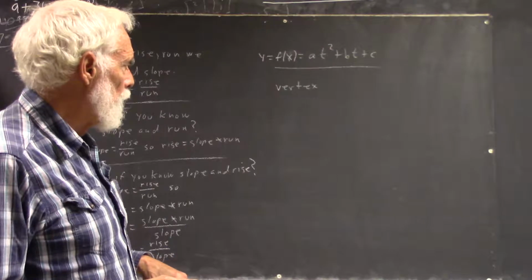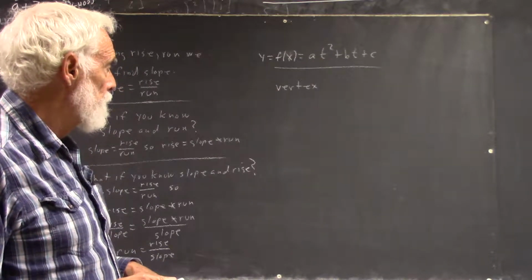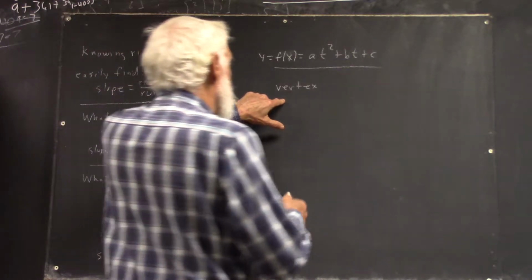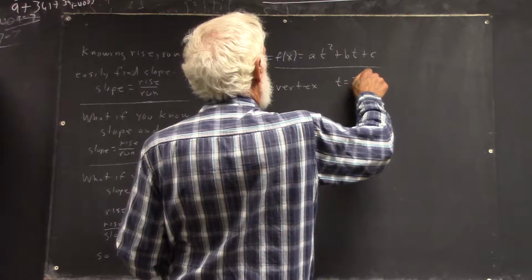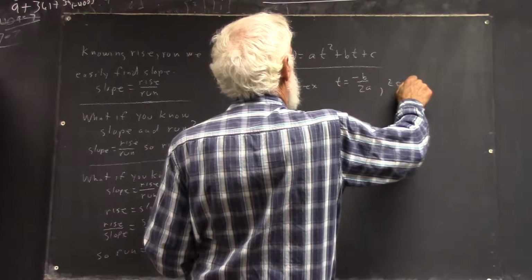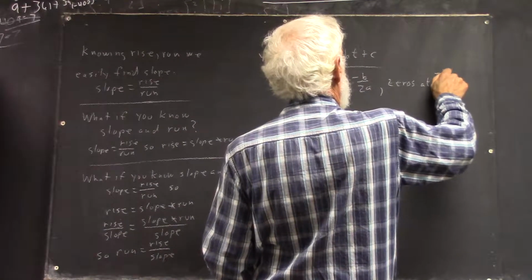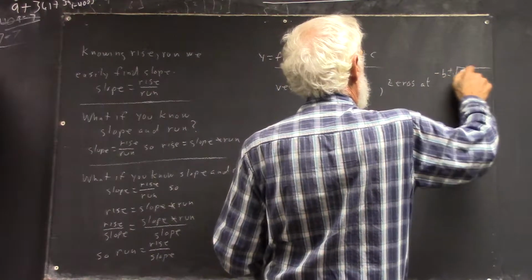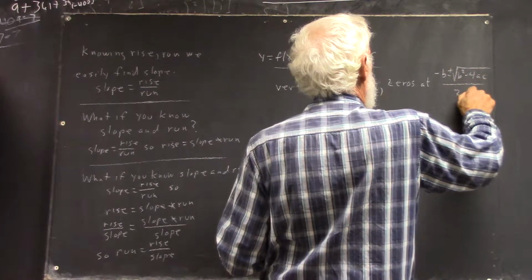Still want to see heads and the arrows and stuff like that. But anyhow, your vertex is at t equals negative b over 2a. Zeros at negative b plus or minus the square root of b squared minus 4ac, all divided by 2a.